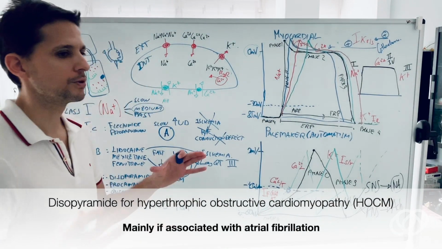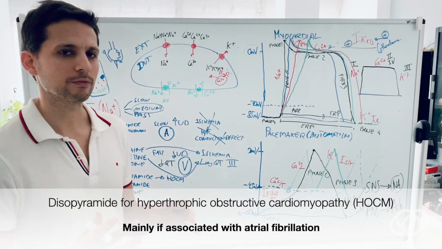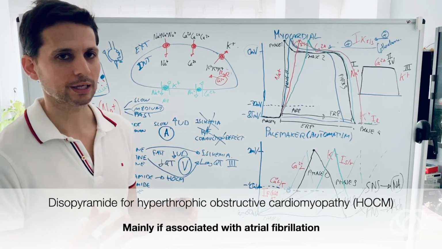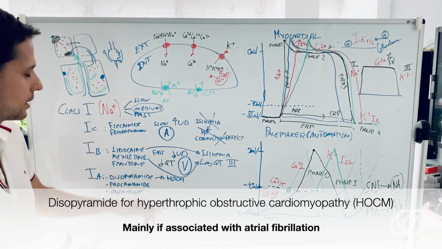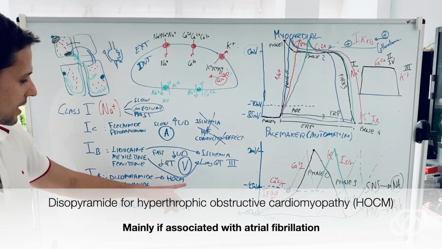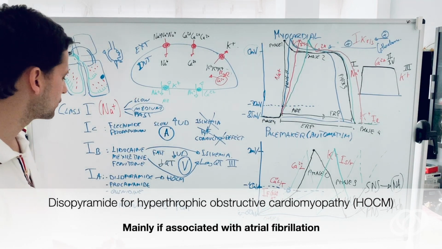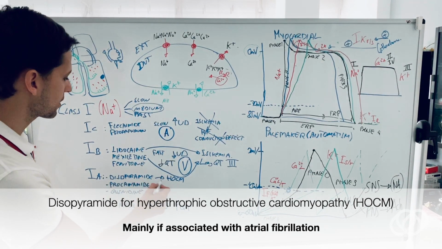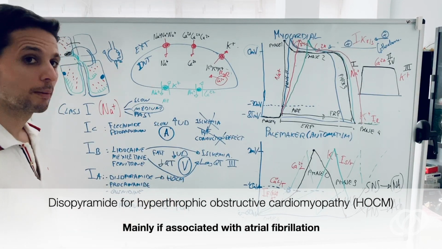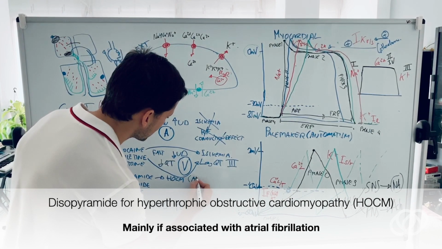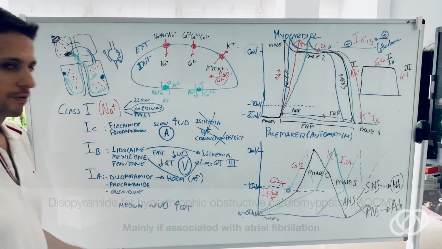If we use a negative inotropic effect, it will decrease the gradient in the outflow tract, so it is useful, mainly if it is associated with atrial arrhythmias. So we use disopyramide in patients with hypertrophic cardiomyopathy, mainly if it is associated with atrial fibrillation.